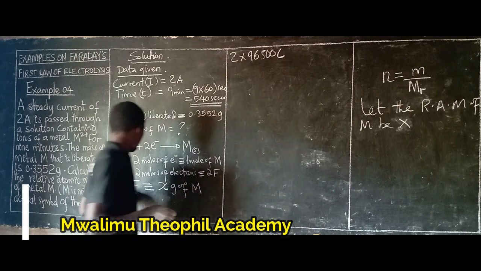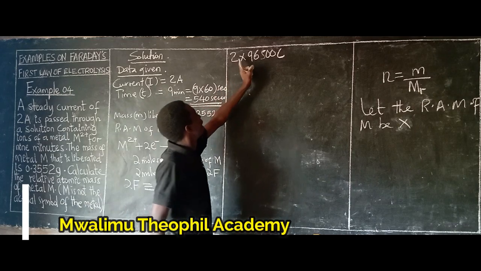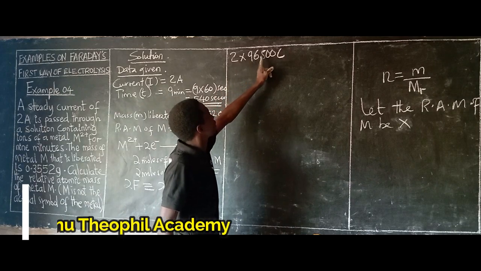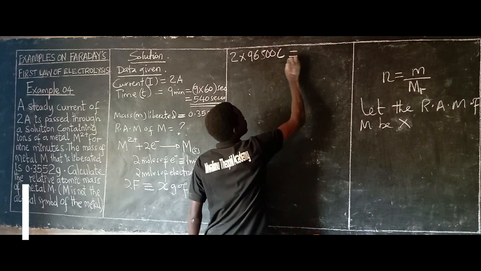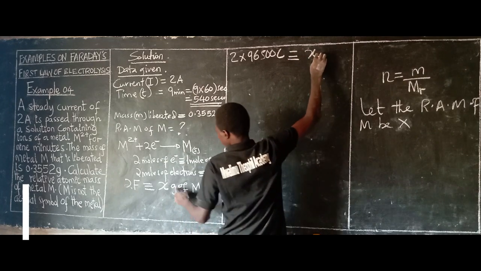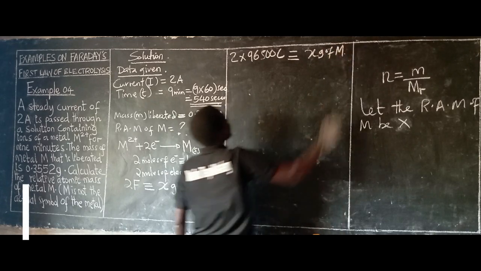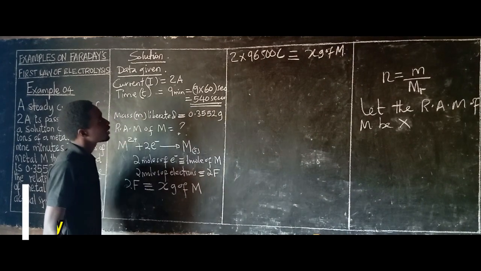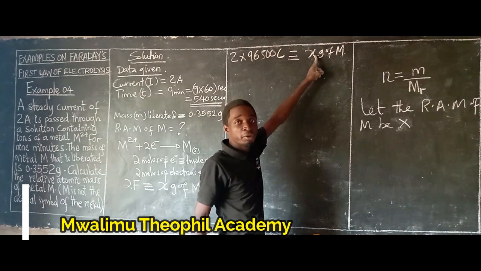So instead of writing 2 Faradays, it is the same as writing 2 times 96,500 coulombs. This will be equivalent to X gram of M. You have to remember this X is the relative atomic mass of metal M.